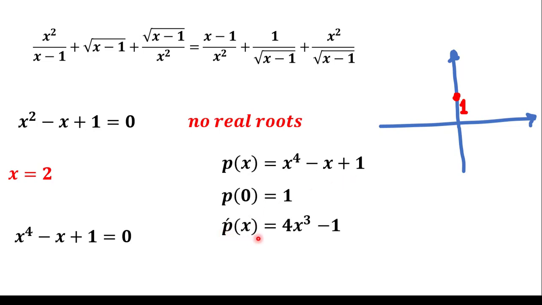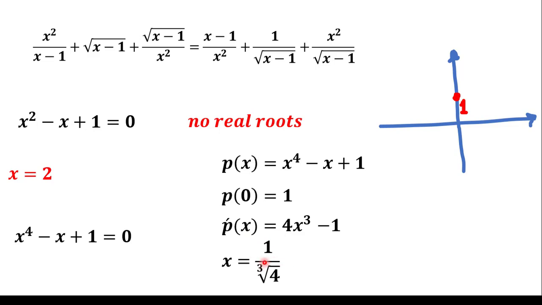P prime of x equals 4x cubed minus 1. The x coordinate of the turning point is located at the zeros of the first derivative. x equals 1 over cube root of 4 is root of the first derivative.